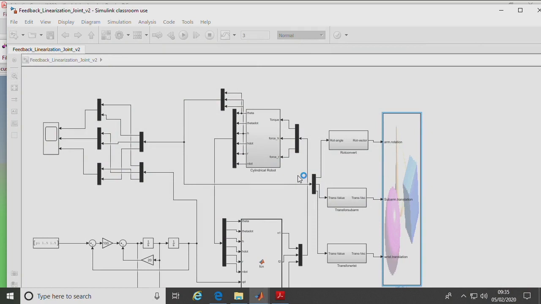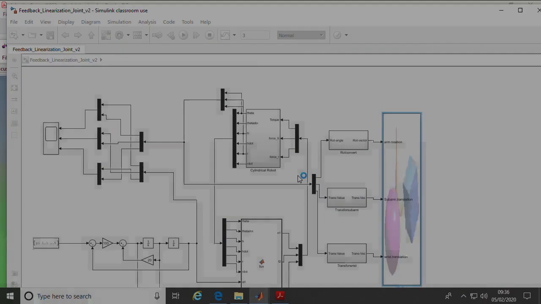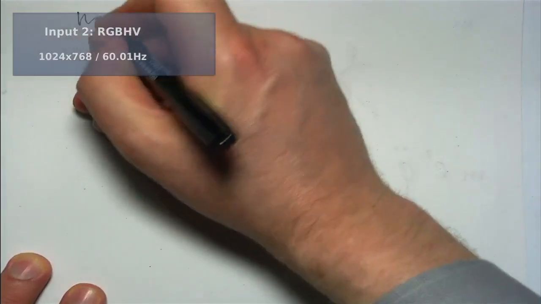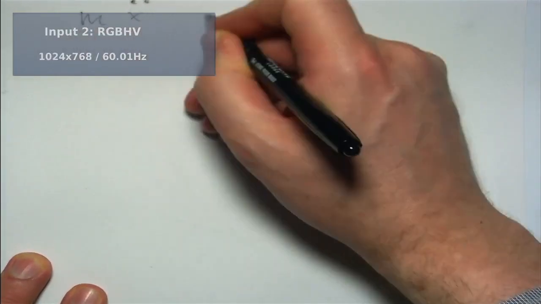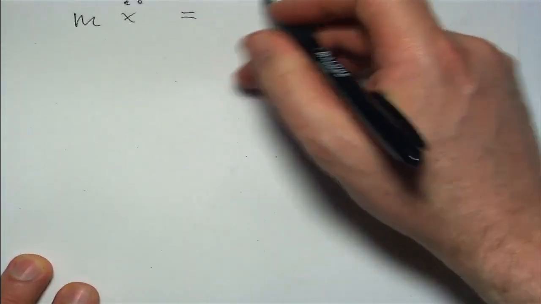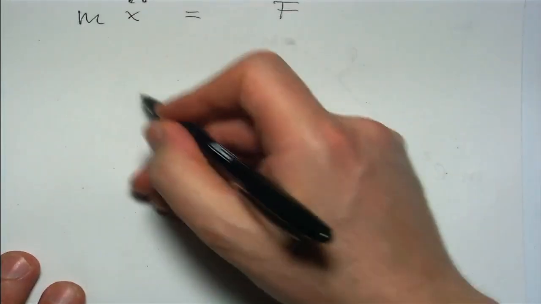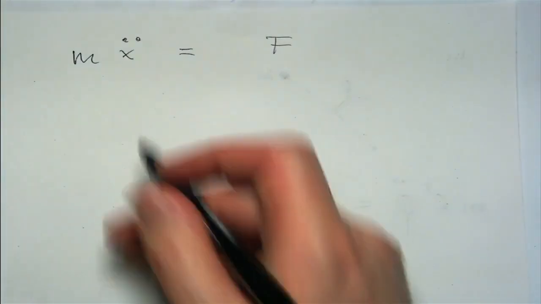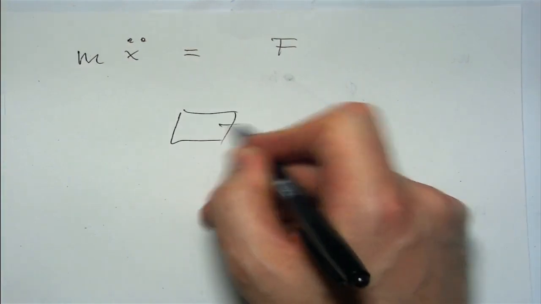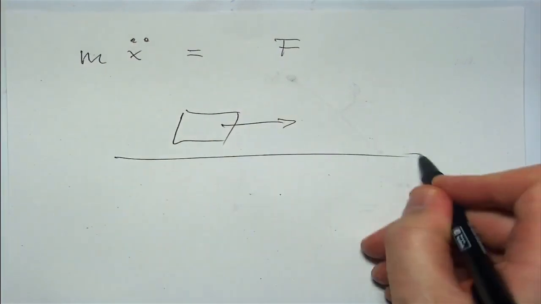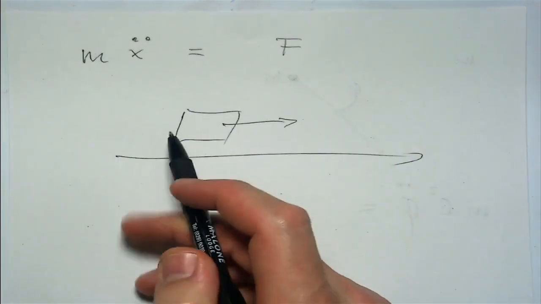The most simple kind of system in that sense, we could just write like this. Obviously we have mass times acceleration equals some kind of external forces, and that would pretty much be just a vehicle going on a path.